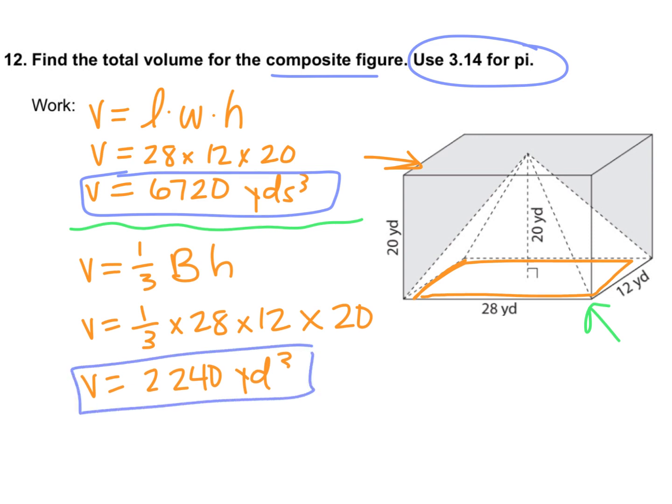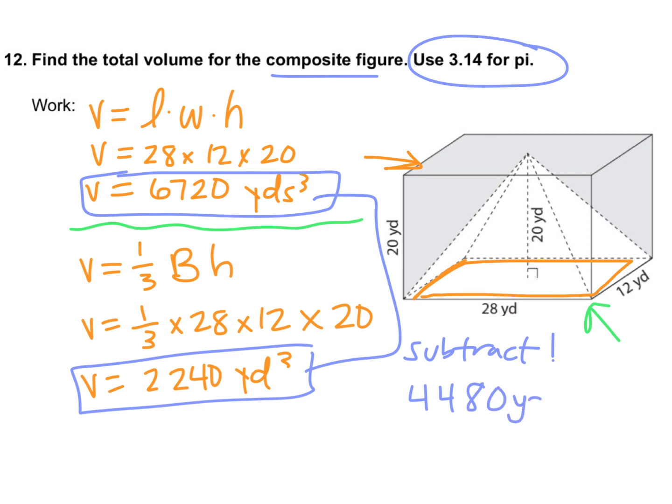And because this seems like it's hollowed out, I'm going to take those two values and subtract. And when I subtract those, I get a grand total of 4,480 yards cubed, or cubic yards, for my composite.